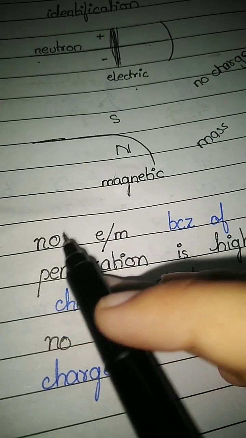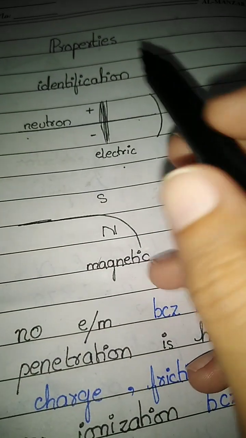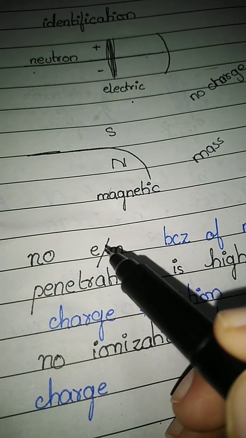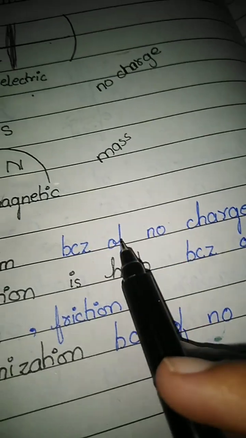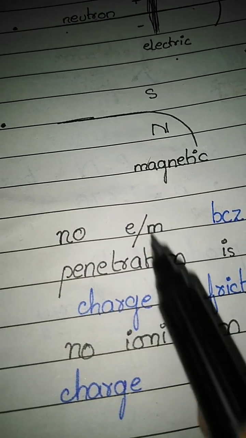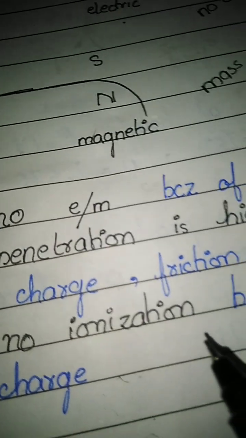Now, as we know, the ratio e/m is charge over mass. Here in the identification, we proved that the neutron has no charge. Because of no charge, no e/m ratio would be considered. Penetration is high. Why is penetration high?